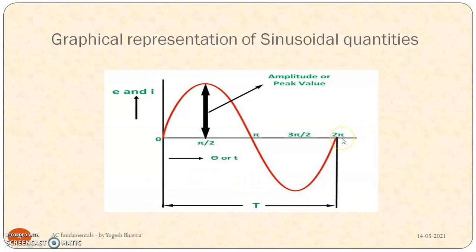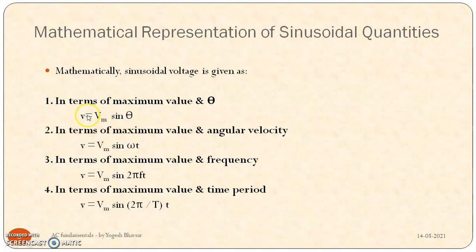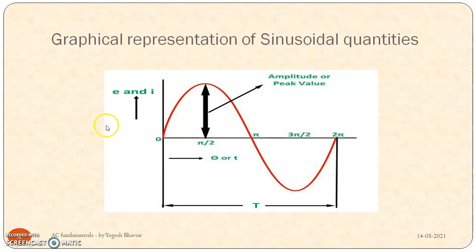And when we put 360 degree, that is 2 pi, again we get the 0 value. In between we can put any angle, and we'll get the respective values over this waveform. That's why it is called a sinusoidal waveform. So we can plot this waveform with respect to this equation. This is the sinusoidal waveform equation, right? So this is the graphical representation in terms of the waveform.